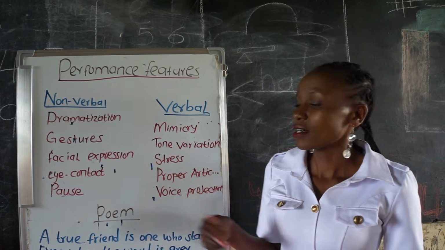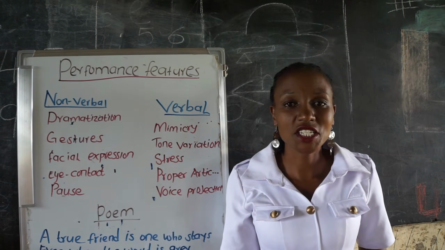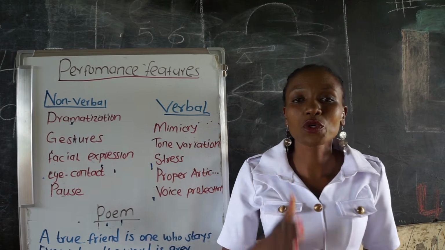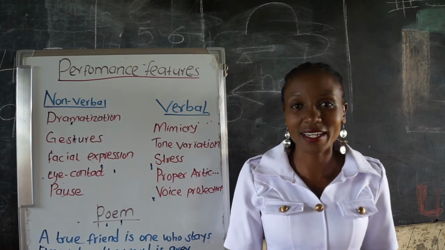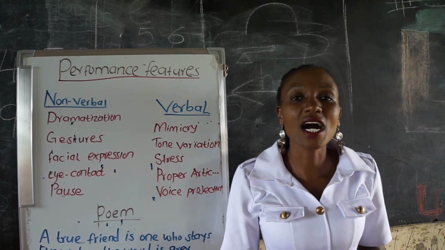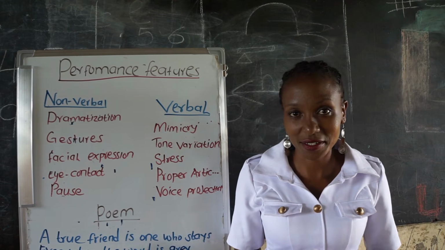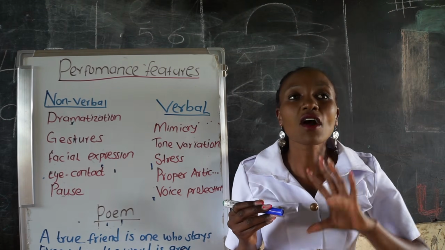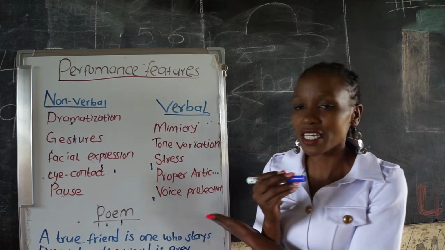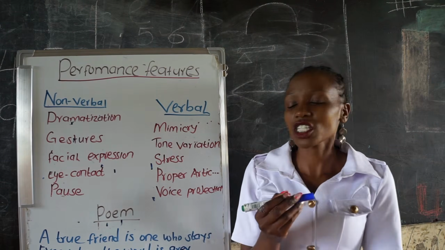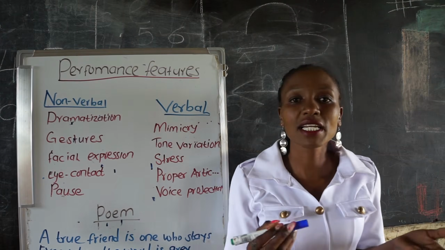And then you have proper word articulation. You have to articulate your words properly. Lastly, we have the voice projection. You have to be audible enough for everybody to get your message. Voice projection is the same as audibility.